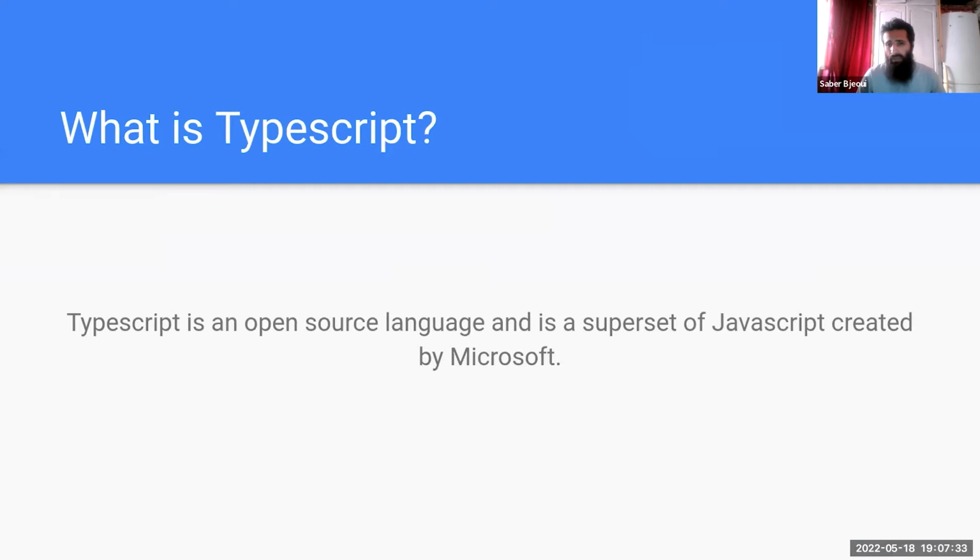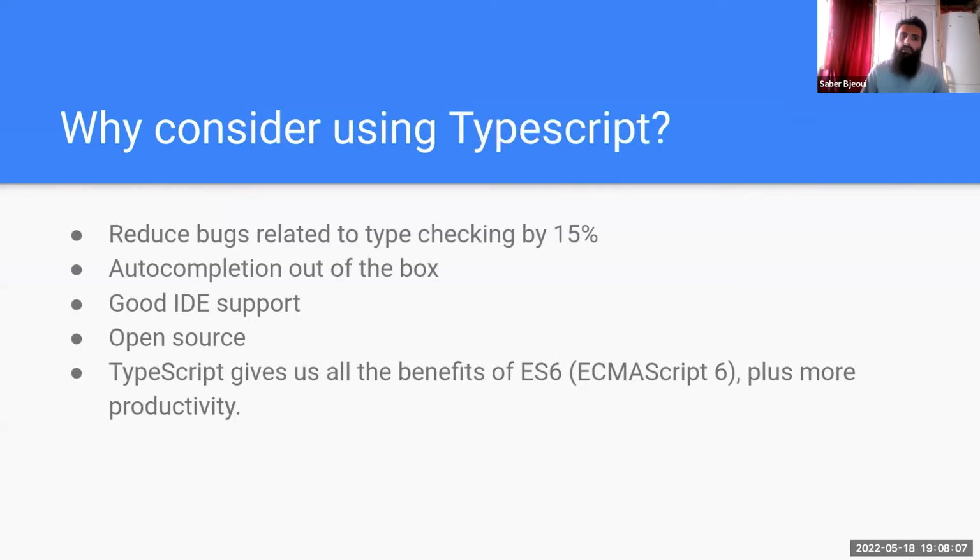It means that any JavaScript code is totally viable TypeScript code, and TypeScript adds extra functionality or features to JavaScript. It's created by Microsoft, and of course they have a repo on GitHub. You can look at that.